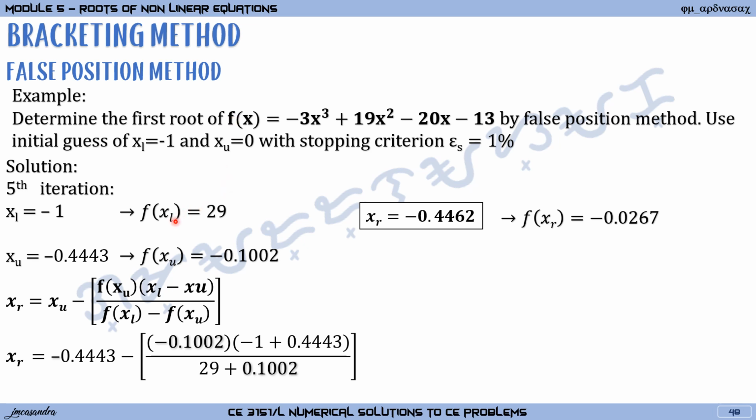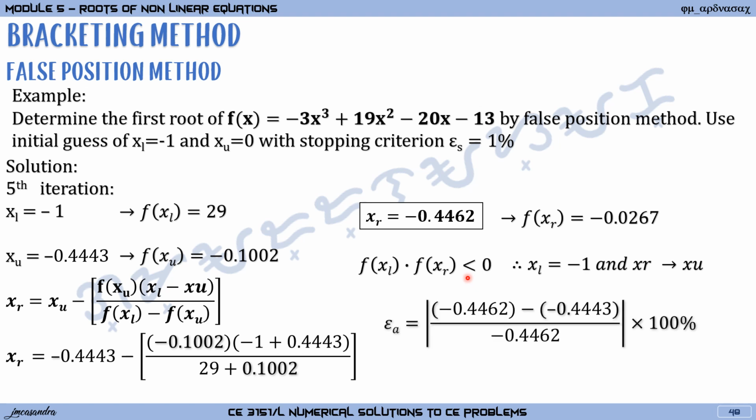Computing for XL, function of XL times function of XR will give us a value less than 0. So meaning our new lower limit is -1 and upper limit is -0.0267.